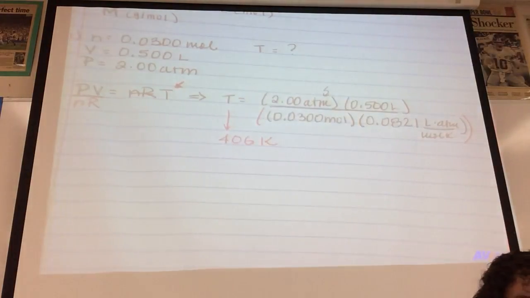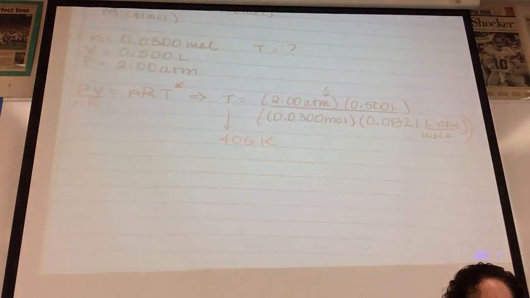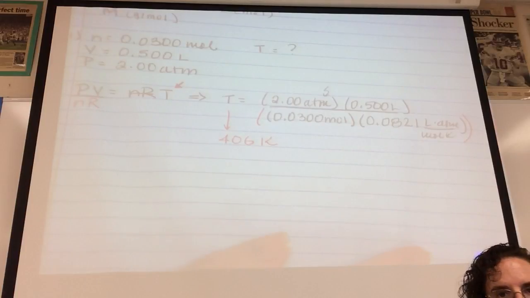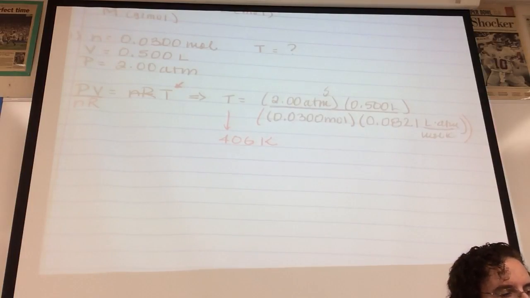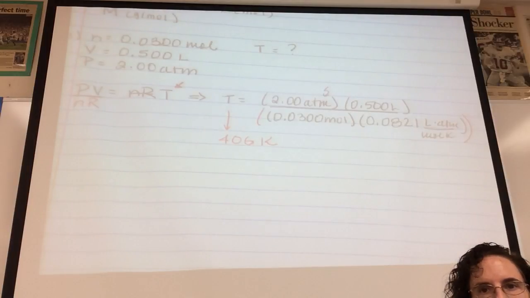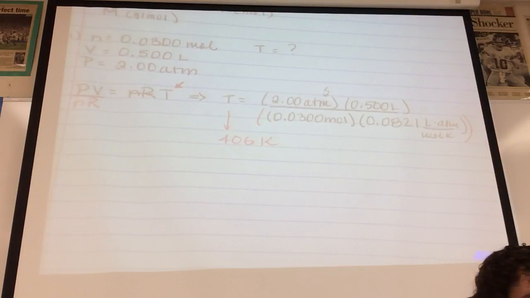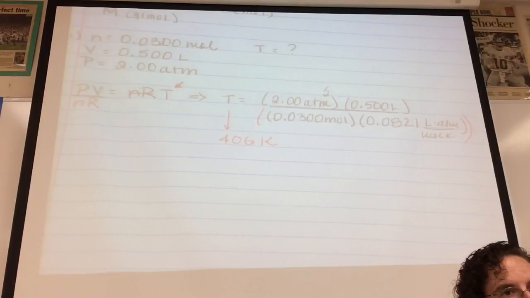Maintain the least number of sig figs with multiplication and division. Pretty straightforward. Again, you have to be able to manipulate variables. Questions on the first one? So the volume has to be in liters. The R you select will be based on the pressure.